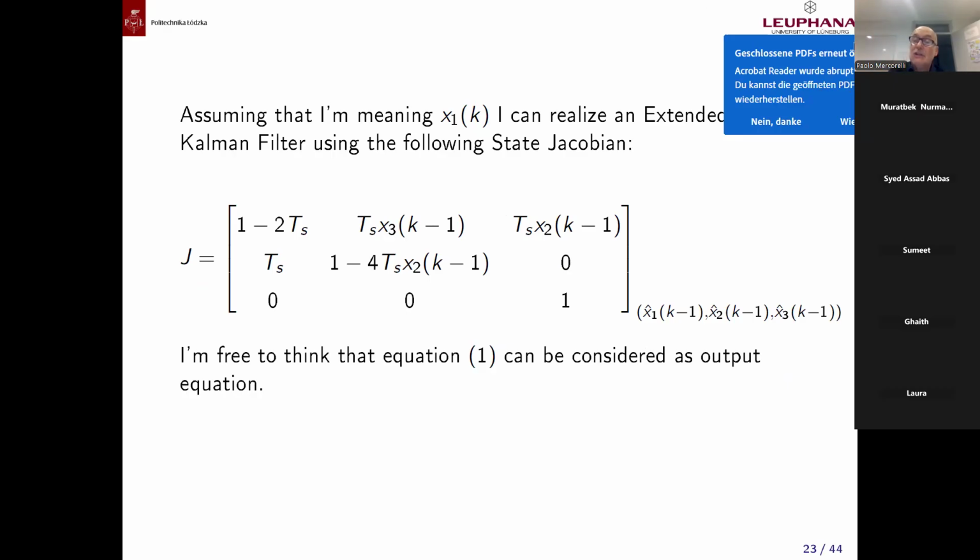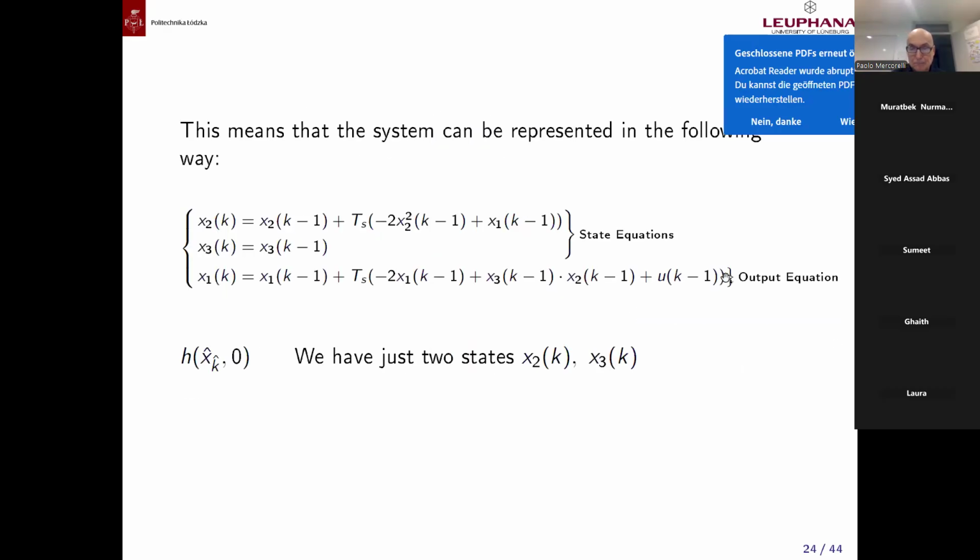In case we have something which depends on u of k minus 1, of course I have to put u of k minus 1 here, but u of k minus 1 is known because it's typically the output of the controller. In any case, it must be known because, you remember, the observability depends on the input. This means the input must be given. Going ahead.